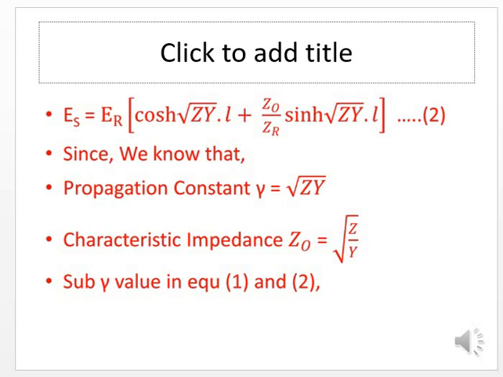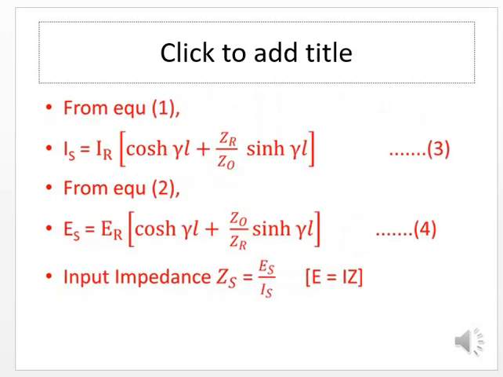We know that the propagation constant gamma is equal to square root of ZY and the characteristic impedance Z0 is equal to square root of Z divided by Y. Substitute this gamma value in equations 1 and 2. So equation 1 becomes Is equal to IR [cosh γL plus ZR by Z0 into sinh γL].